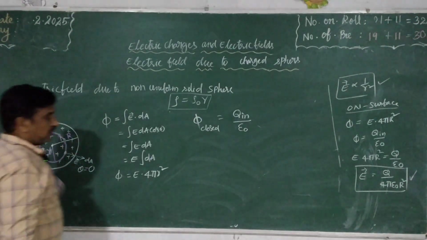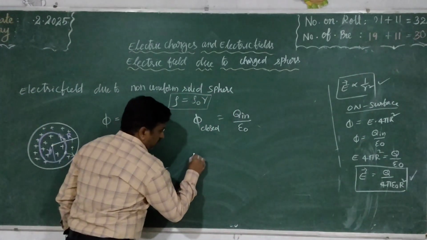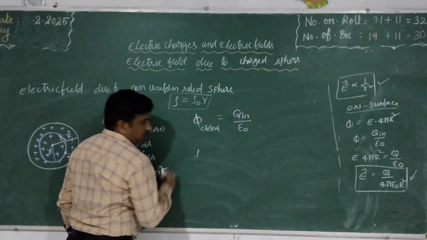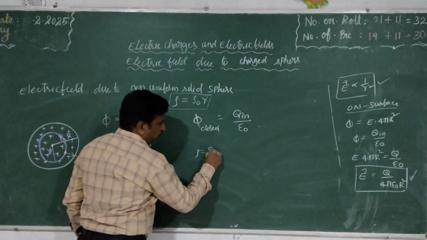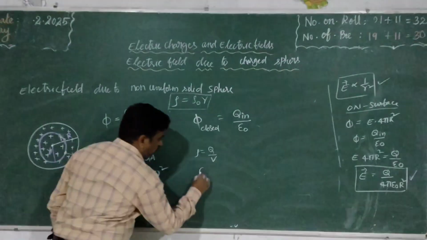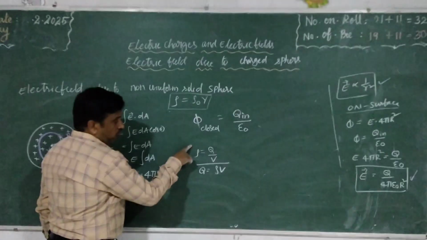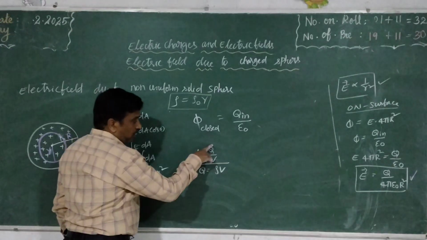For that, I write here, charge density equals charge per unit volume. So Q equals what here? Volume charge density rho equals charge per unit volume.